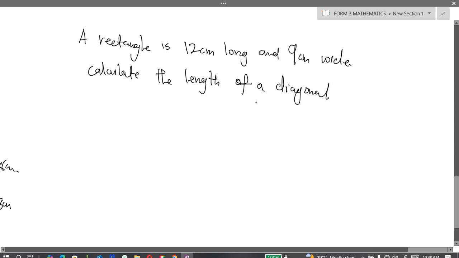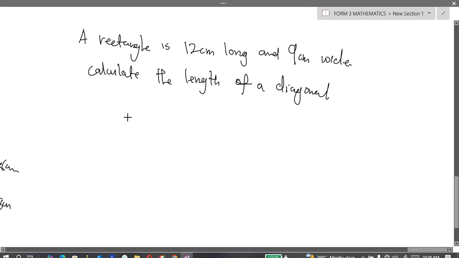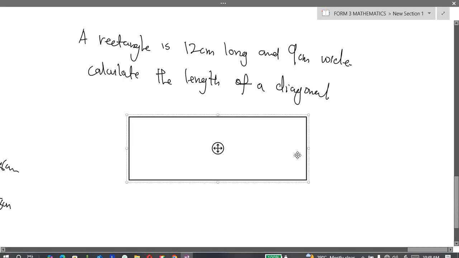So pretty quick, you see a rectangle. What are you going to do in order to get this one right? You draw a rectangle. It has 12 centimeters long and 9 centimeters wide, which means width. They say we should find the diagonal.